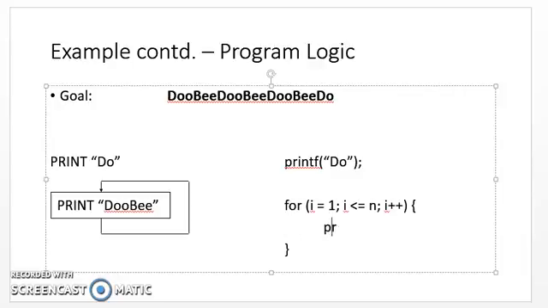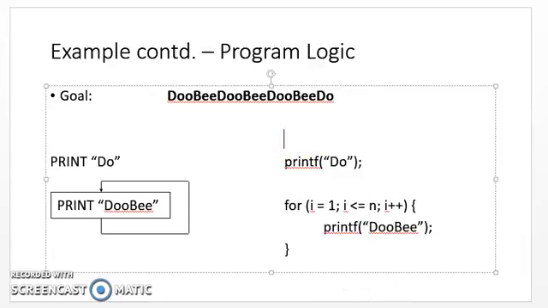And the statement that we have to repeat in this loop is this. So basically, for this loop to work properly, we need two variables. One is the starting position and another one is the ending position. Here n is equivalent to the value that we will be receiving as input.